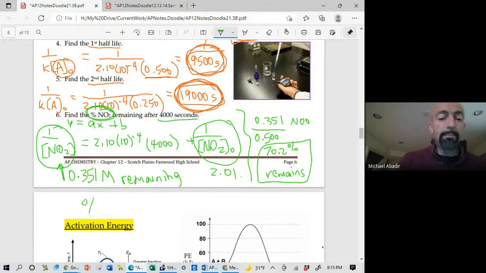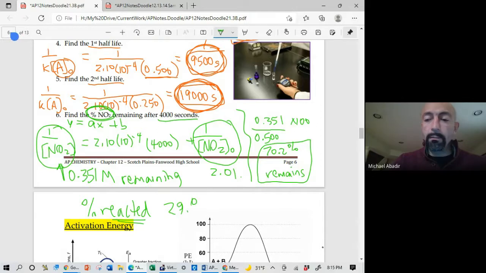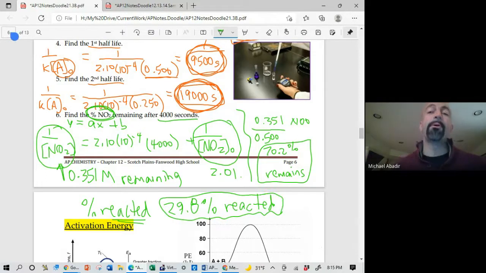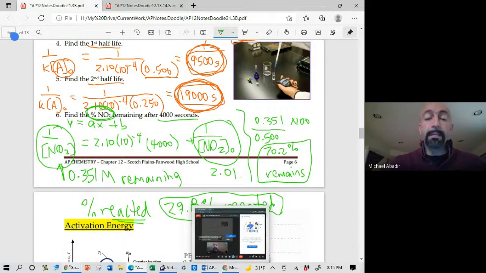So if they say percent reacted, which is, of course, the opposite of what they're asking before, then you have to do 100 minus that, and it's going to be 29.8. So 29.8% reacted. Please, please, please read the question, because that one little word is going to throw off the whole thing. So every time you use the integrated rate law, it's how much is remaining. If they ever ask you for reacted, you got to do a little 100 minus that to get it to work right. Okay, so hopefully that makes sense.